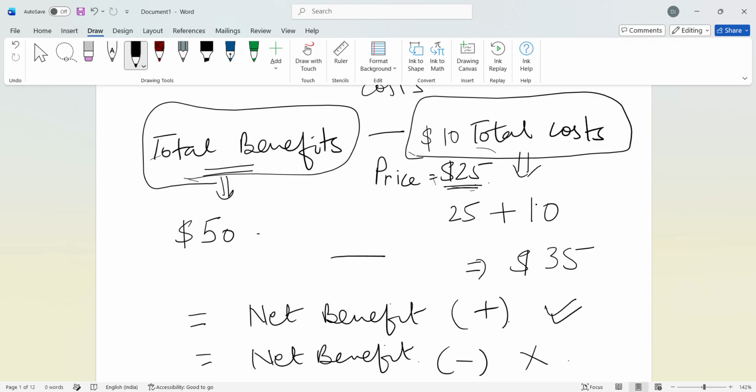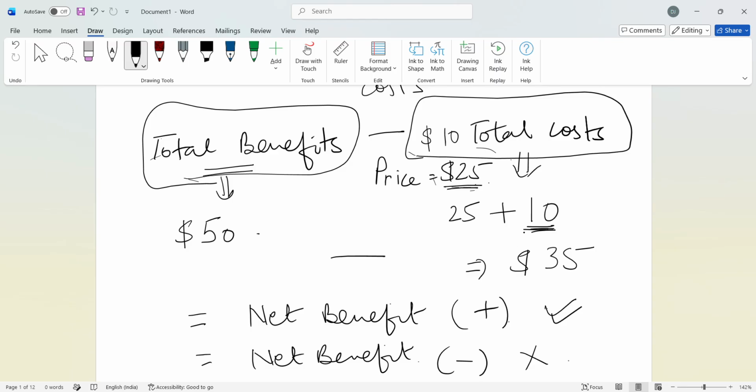One important thing that we have to remember in economics is that in total costs we not only include the explicit cost, but we also include the implicit cost of buying a product. All right, so that's the first thing. That's how optimal decision making is done.